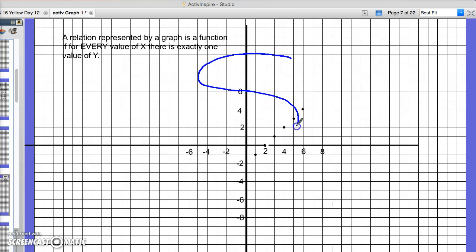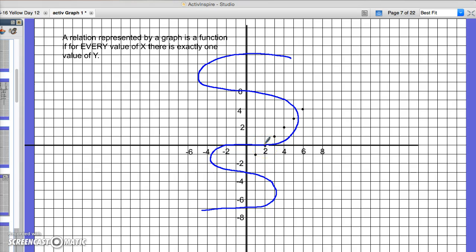So I've got this blue, lovely S curve, down and around. Now remember again, it's a function if for every value of x, there is exactly one value of y. So let's pick a value of x and see if there's one value of y. Let's pick, for example, the value x equals 2.